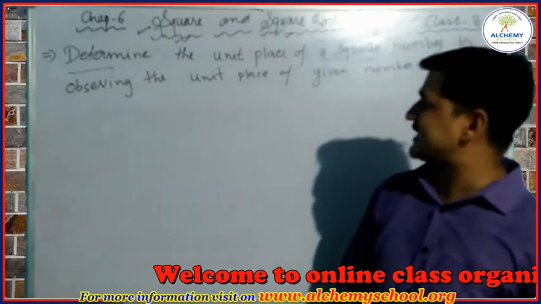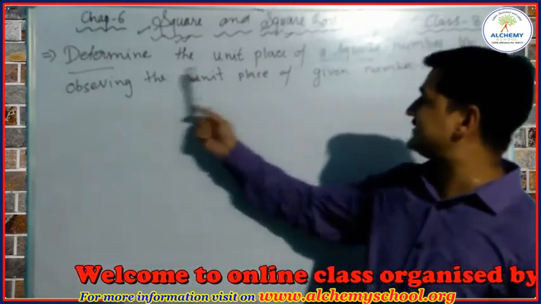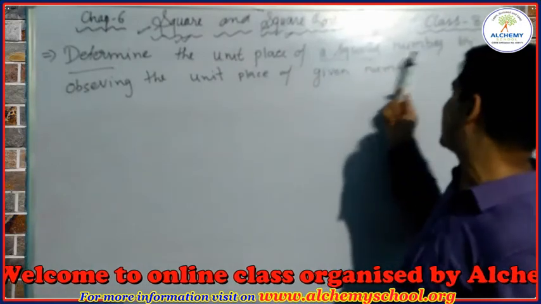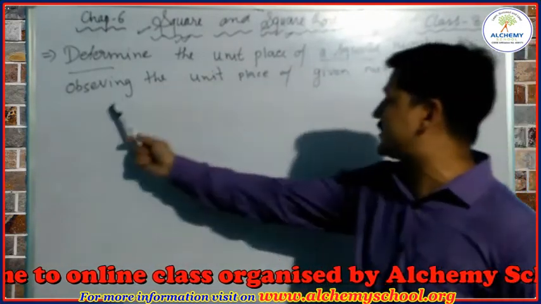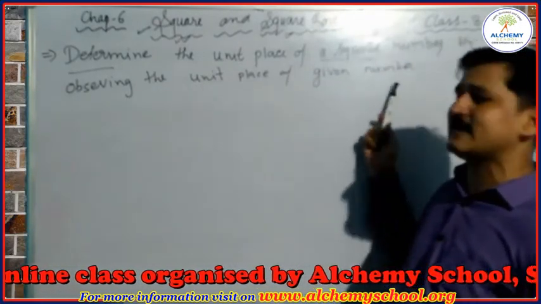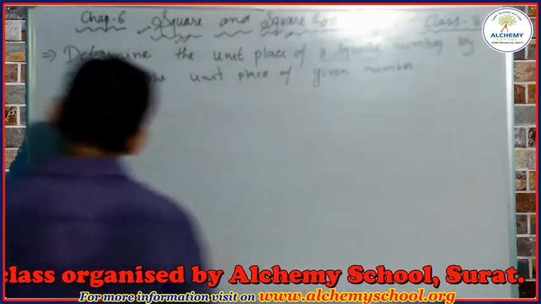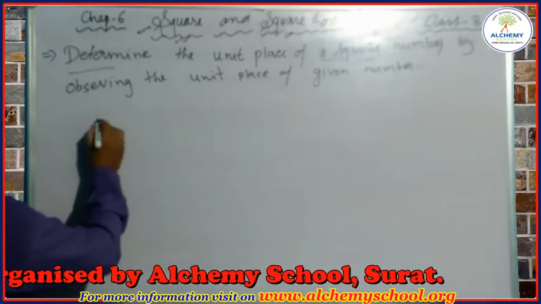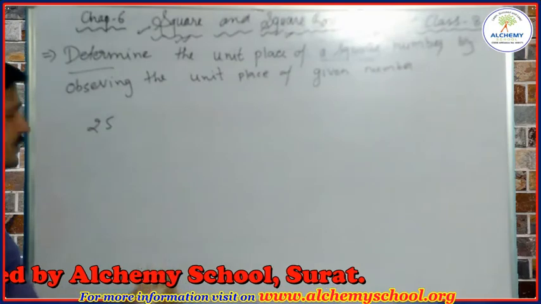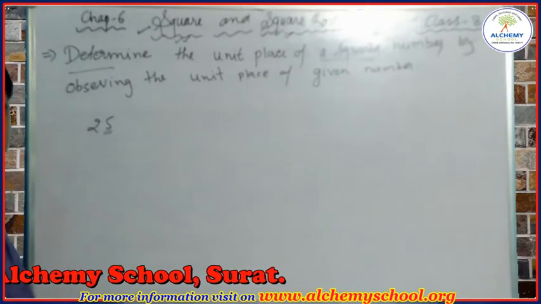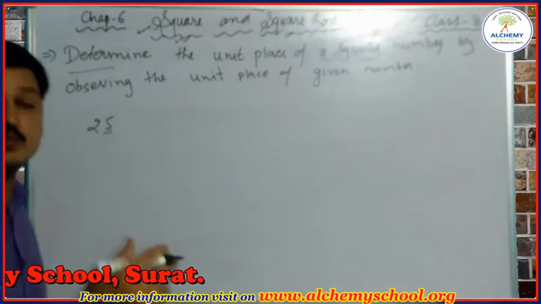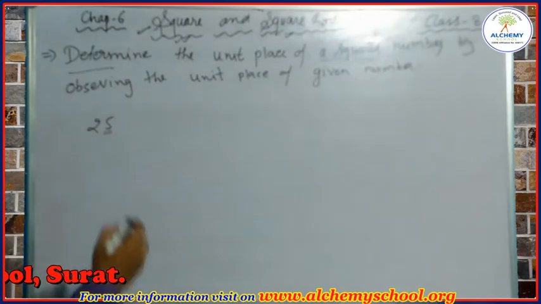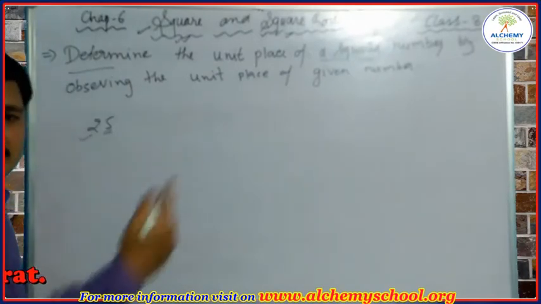Okay, now the next point that we are going to discuss is determining the unit place of a squared number by observing the unit place of the given number. Okay, if we have a number given here, suppose that it is 25. When we observe the unit place of this given number, can we imagine what will be the unit place of its squared number?